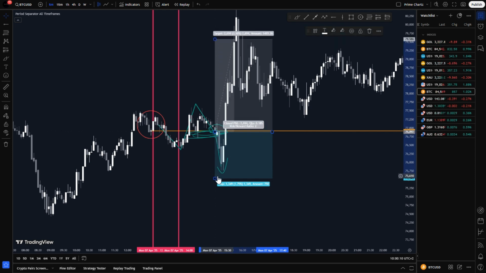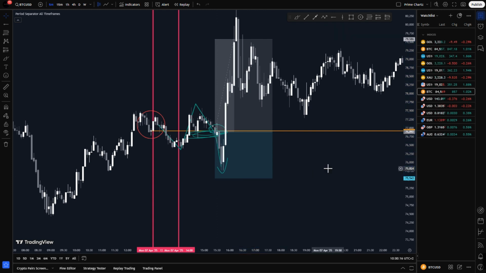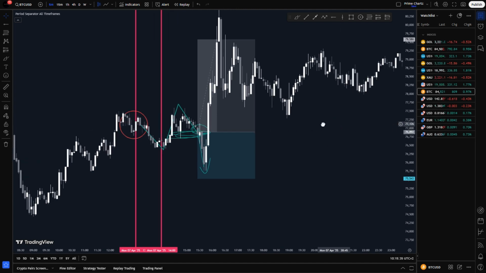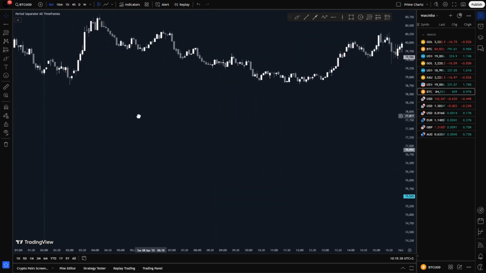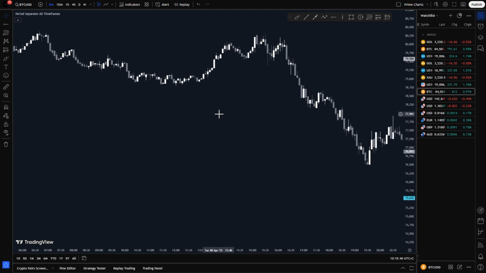To survive that kind of movement, you'd need a much larger stop loss, and that's not something most of us are comfortable with. Risk management is key, and realistically, most traders would have been stopped out before the reversal. So in this case, for the original method, this would most likely count as a loss. It's a tough one to navigate, and that's why backtesting these variations is so important.